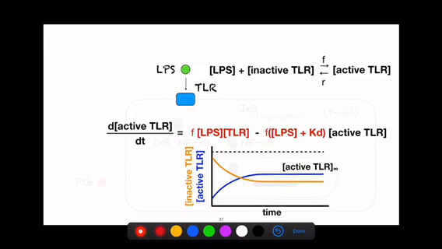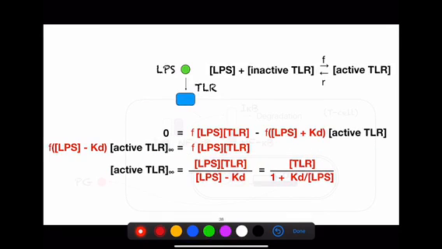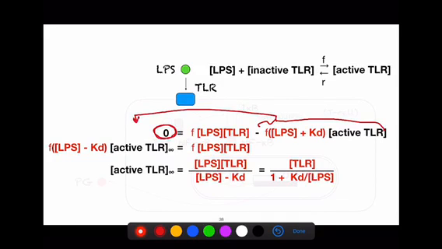Now we want to think about the active TLR dynamics. Once again, we consider the steady state. That means that d active TLR over dt is 0. And once again, you take this part to the left-hand side. And notice that when there's no change in the rate, this active TLR will actually be the steady state TLR.